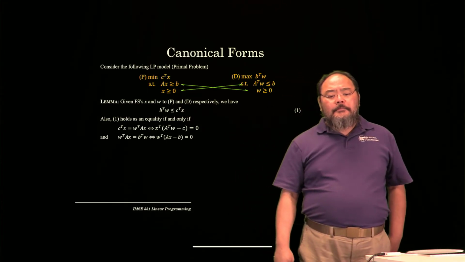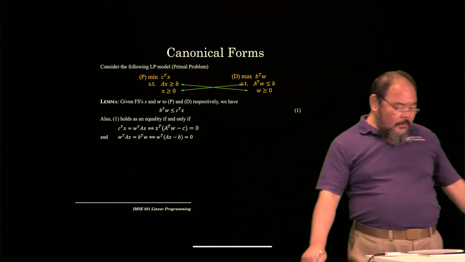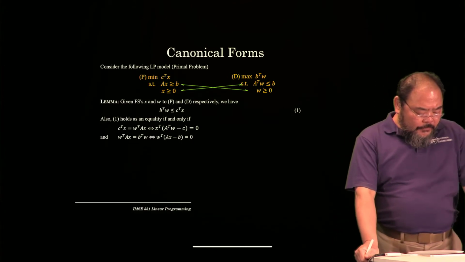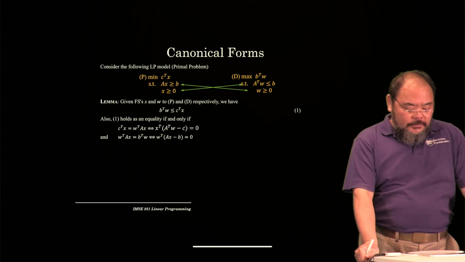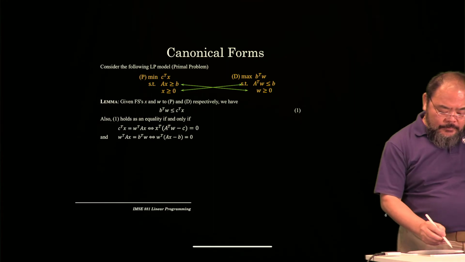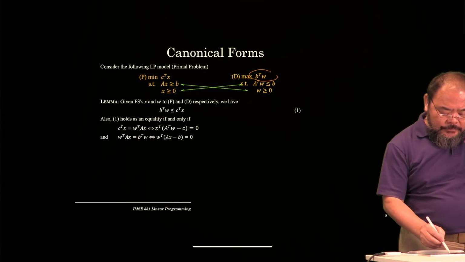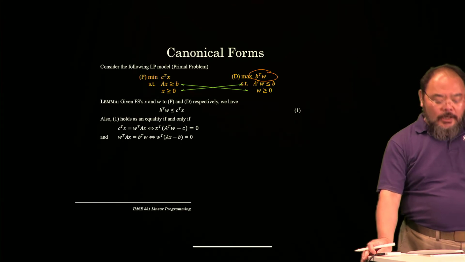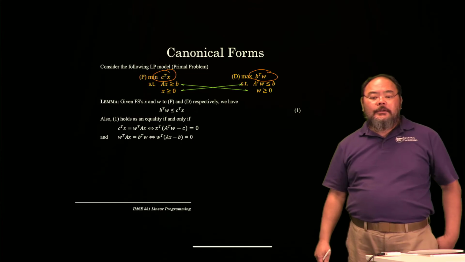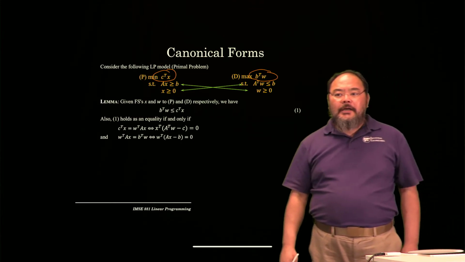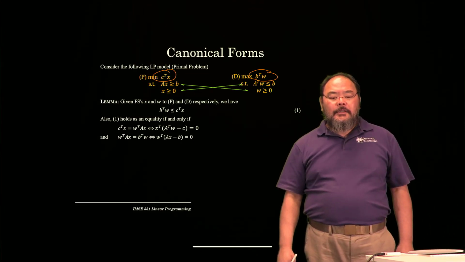So here's the lemma. If x and omega are feasible solutions for the primal problem and the dual problem respectively, then we have B transpose times omega is less than or equal to C transpose times x. What I mean is the objective function of the dual problem is always less than or equal to the primal objective function, since primal is minimization and dual is maximization.